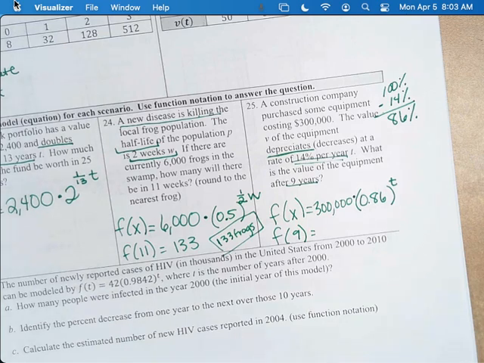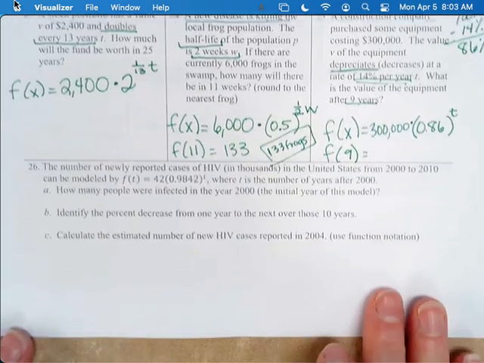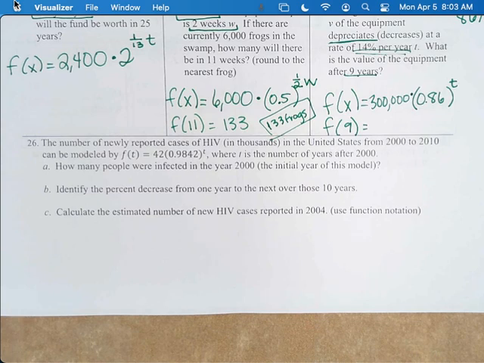All right. What other questions do y'all have before you turn it in? 26. Okay. Newly reported case of HIV in thousands from 2010. We already have our function. Oh, maybe I took 26 off for the online.